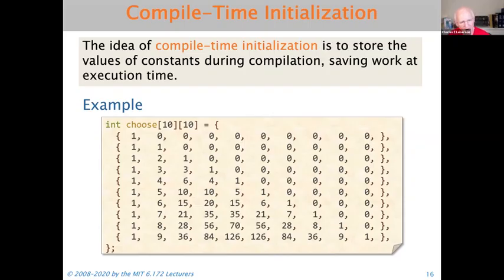Now I might go and type that in, but if it were 100 by 100, I would think twice about doing it. And that's where it can be really helpful to use another technique, which is the technique of metaprogramming.